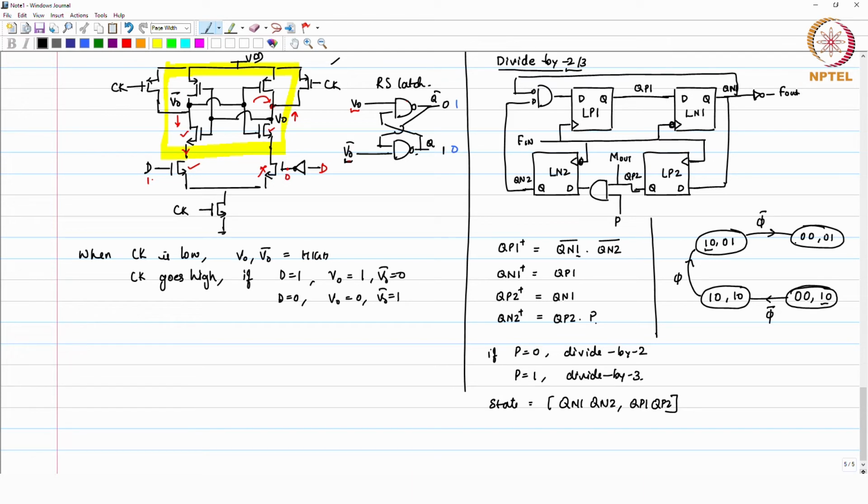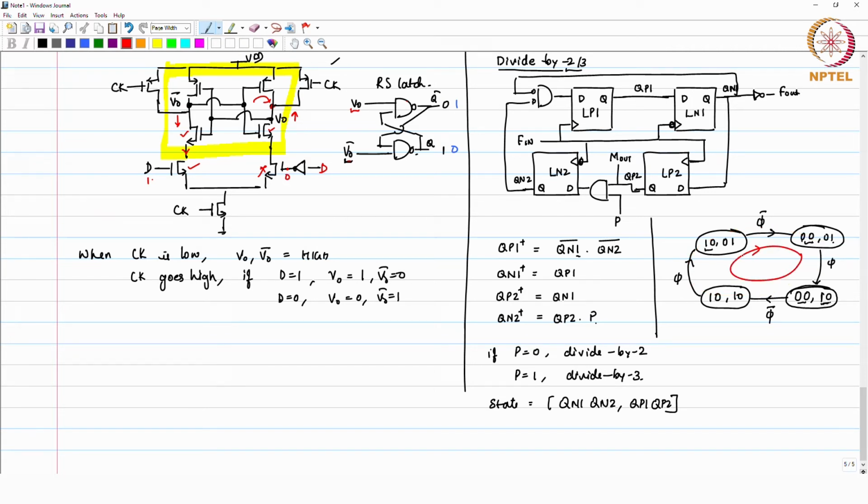Then you get a rising edge on the clock, and at the rising edge, you know that this state will be retained, and what happens to Qp1 plus is you have 0 0. So, this becomes 1, and then you have Qp2 which is Qn1, which is also 0. So, this cycle actually repeats here, right.